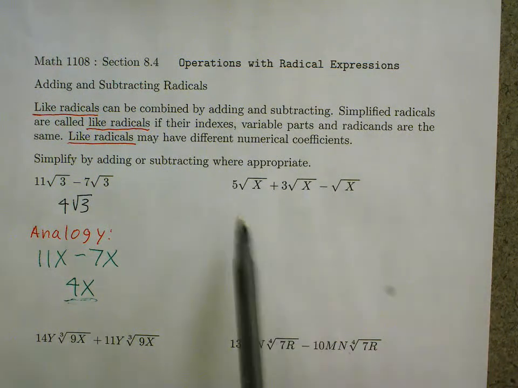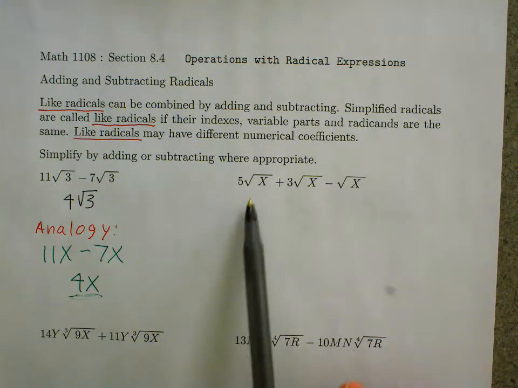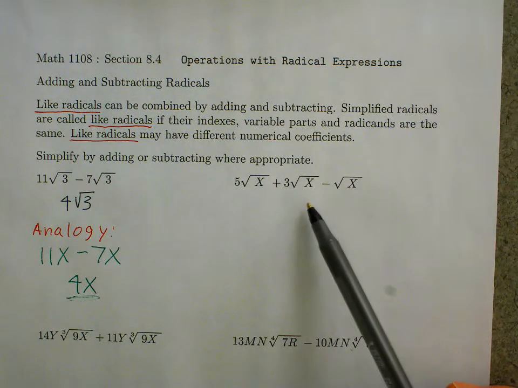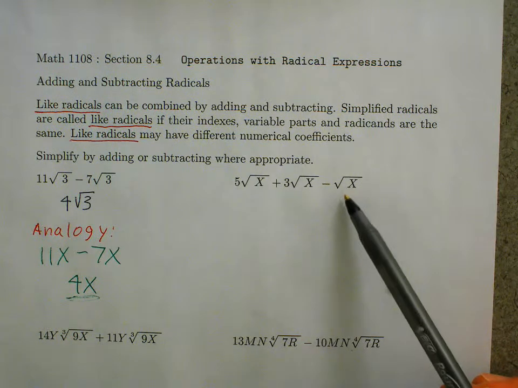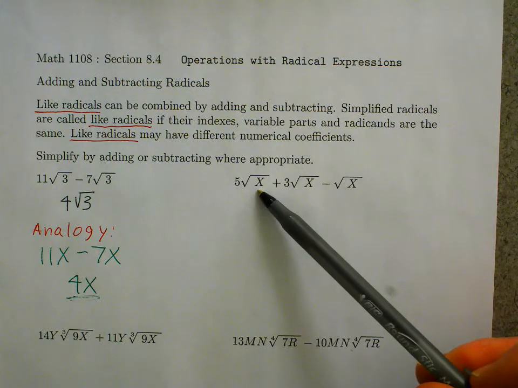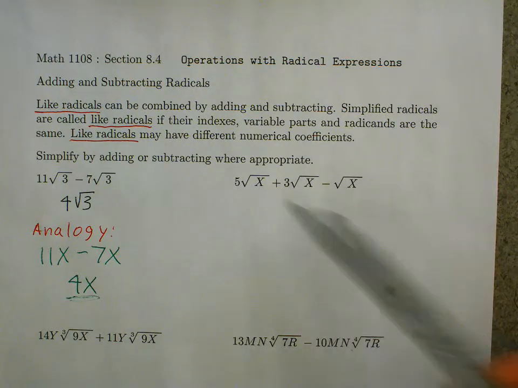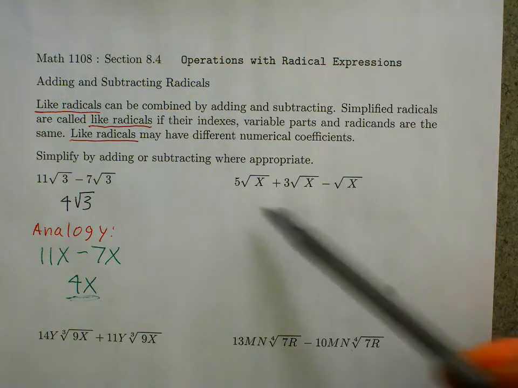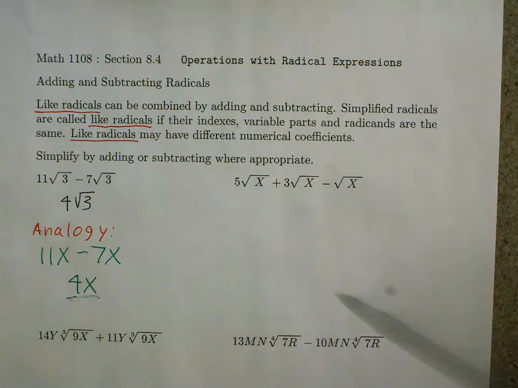In the next example, 5 times the square root of x plus 3 times the square root of x minus the square root of x. The square roots are all simplified, and we're adding and subtracting, so we can combine these like radicals.